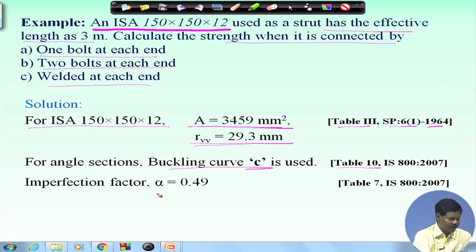And for buckling class C, the alpha value will be 0.49, which can be found from table 7 of IS 800 2007.